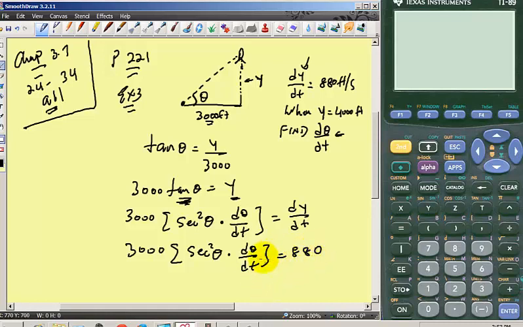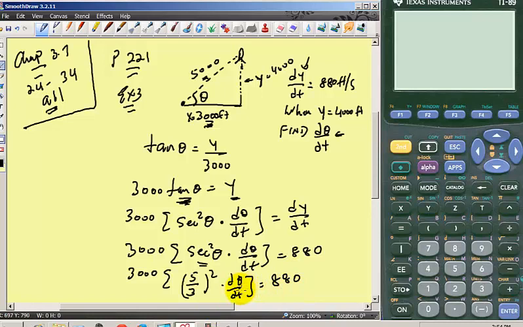Now, what I need to know is, what is the secant squared at that instant when x is 3,000, y is 4,000. Of course, my z has to be 5,000. Secant is hypotenuse over adjacent, so this will be 5,000 divided by 3,000. That's 5 over 3. That's my secant, and I'll have to square that, times d theta/dt is equal to 880.